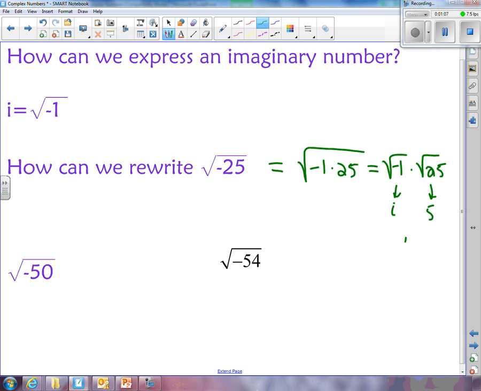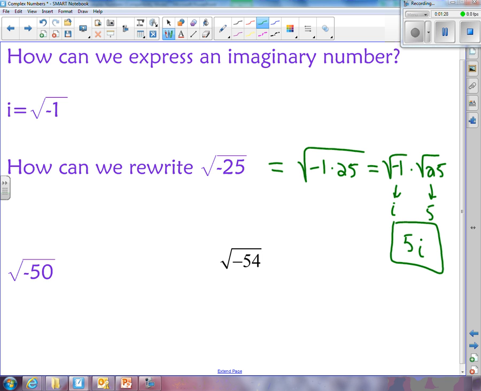So you can write this as 5i. 5i means the square root of -25. It's the same thing. This is just the simplified way of writing it. So anytime you have a negative number under a square root, once you simplify it, it's going to have an i in the answer. That i has a negative built into it.